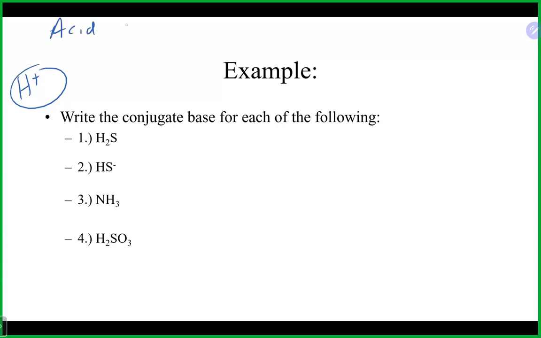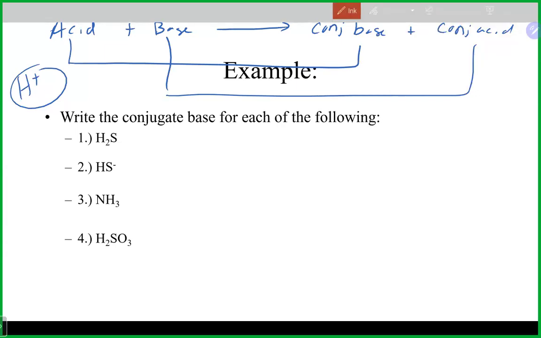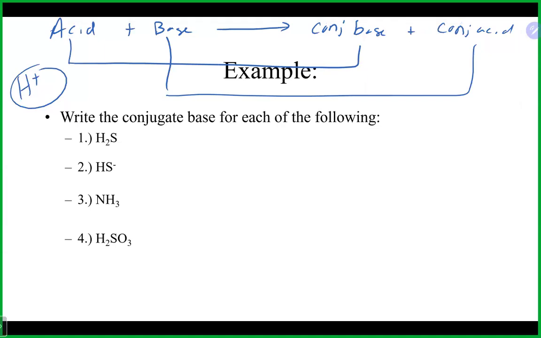So remember, we have an acid and a base on one side of the arrow. And on the other side, we have our conjugate partners, our base plus our conjugate acid. And remember, the acid on one side is related to the conjugate base on the other, and the base on one side is related to the conjugate acid on the other. So when you approach a problem like this and it's asking you to write the conjugate base, what that means is you want to end up here.